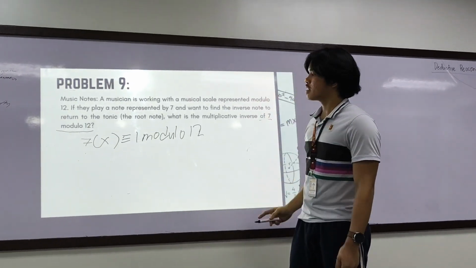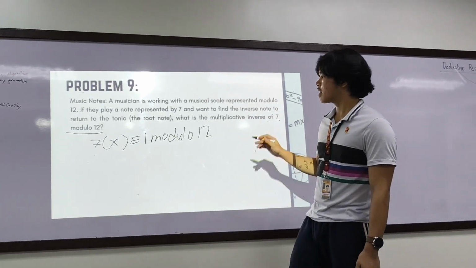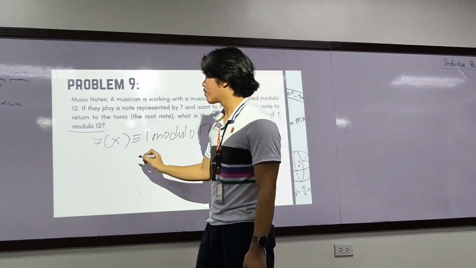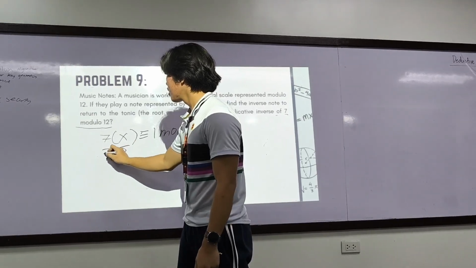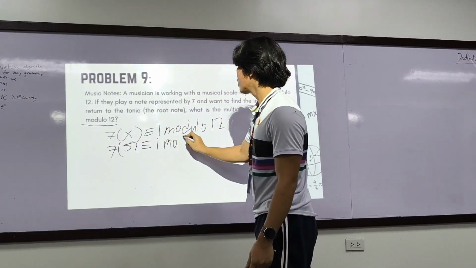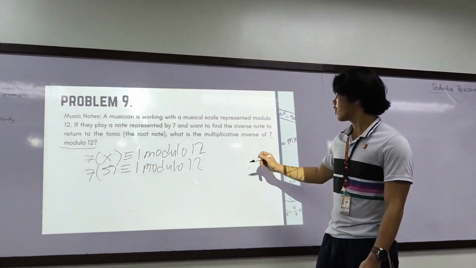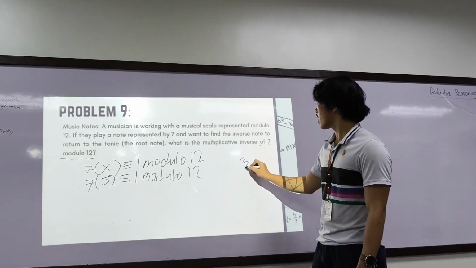So instead of starting at 3 up to 4, we will skip those numbers and start at 5. 7 times 5 is 35.